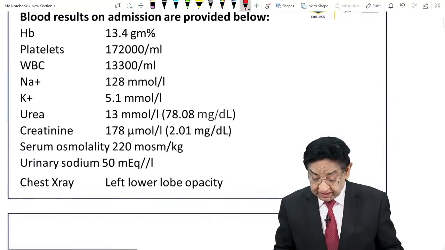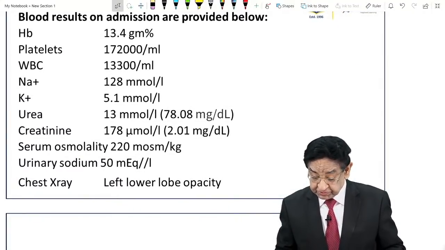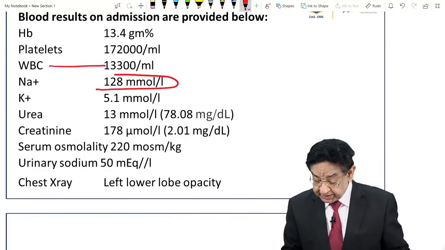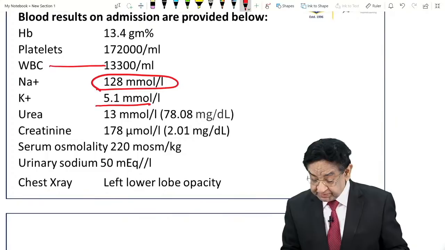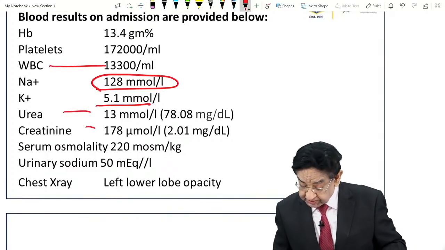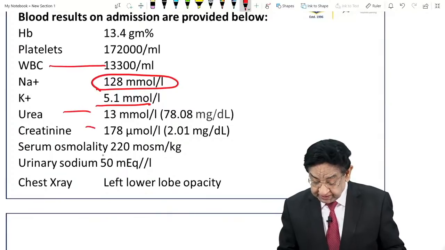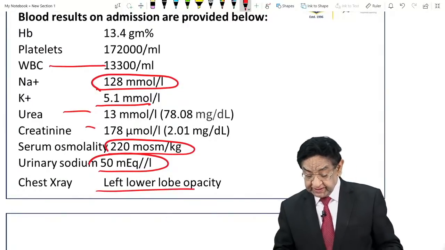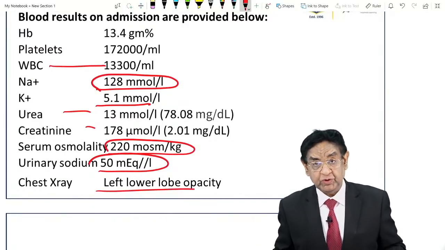Blood test results are as follows. You can see WBC count is a little raised. Sodium is 128.2. Potassium is 5.1. Urea and creatinine are slightly on the higher side. Serum osmolality is noted, urine sodium is 50, and chest X-ray shows left lower lobe opacity.